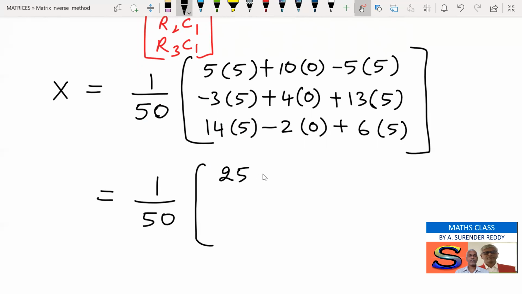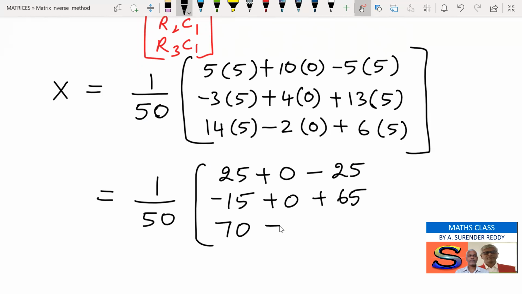5 fives are 25. 10 into 0 is 0. 5 fives are minus 25. Minus 3 fives are minus 15. This is 0. 13 fives are 65. 14 fives are 70. 0. 6 fives are 30.